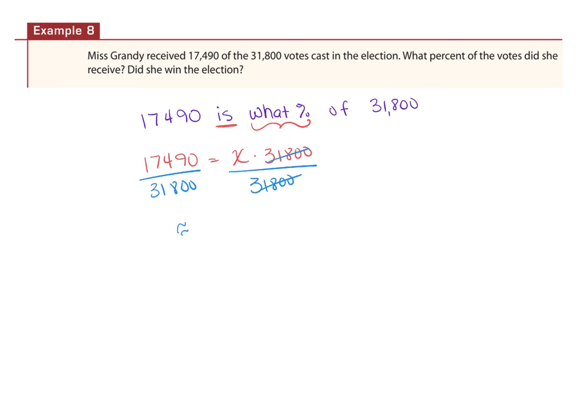Round it to 2 decimal places. 0.56. All right. Is that percentage? No. It says what percent did she receive? Convert it to percent by doing this. So it's 55%. Assuming she needed more than 50, did she win? Yeah.